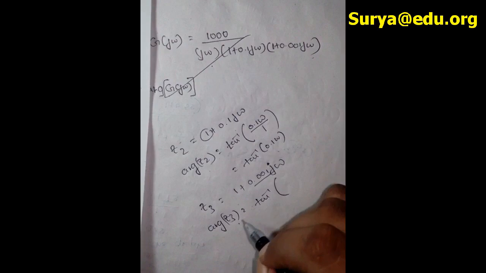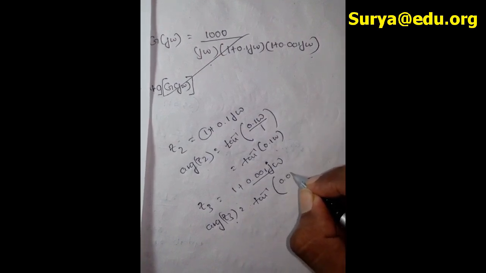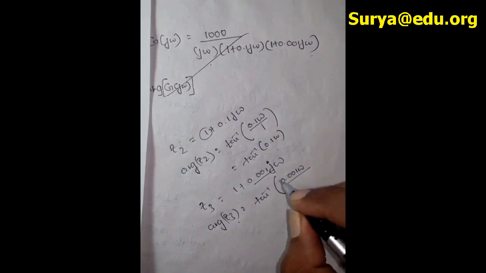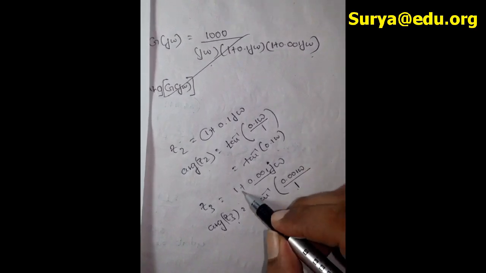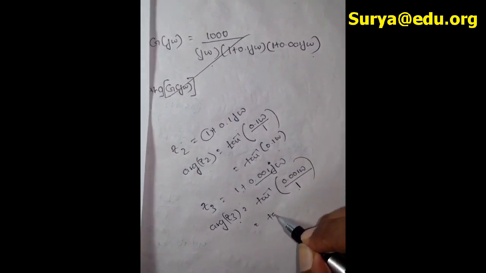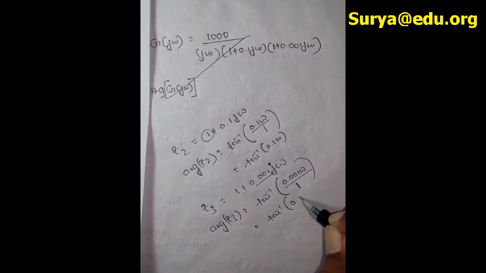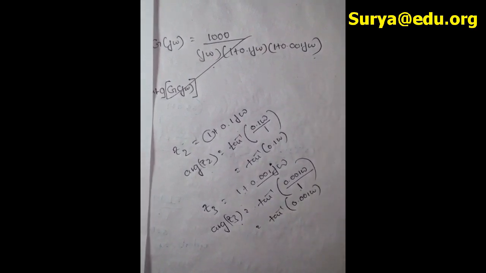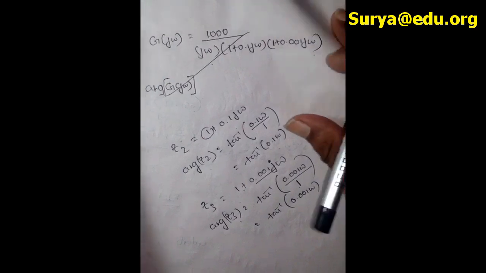So it is tan inverse of the imaginary component, which is 0.001 omega, divided by 1, because this 1 is the real component. So it's very easy, tan inverse 0.001 omega. So now the logic is very easy, right?